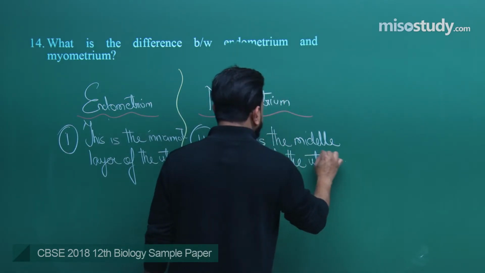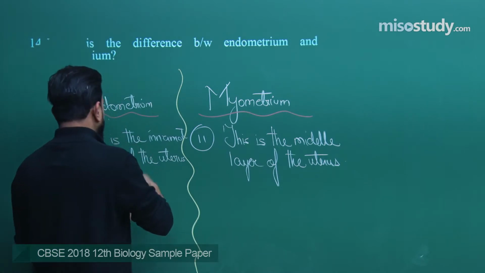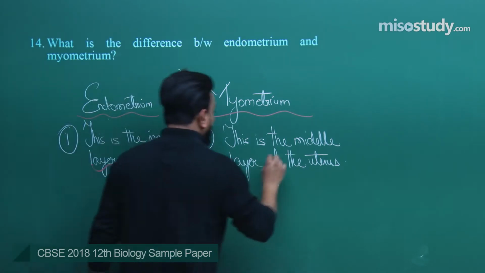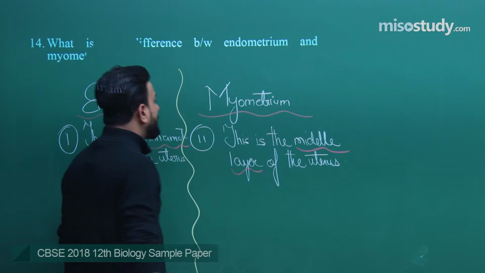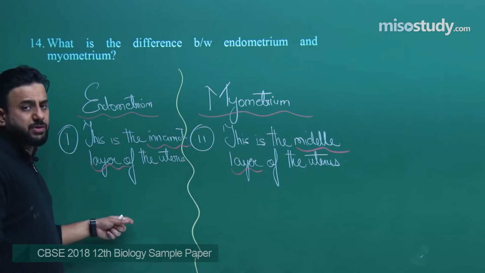Okay, got it? This is the middle layer of the uterus and this is the innermost layer of the uterus.